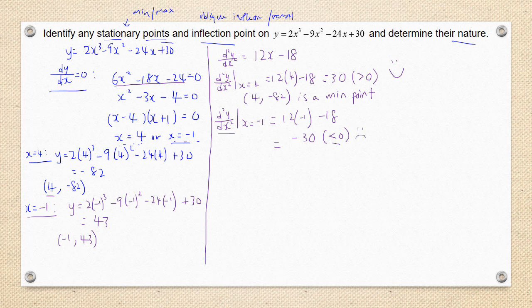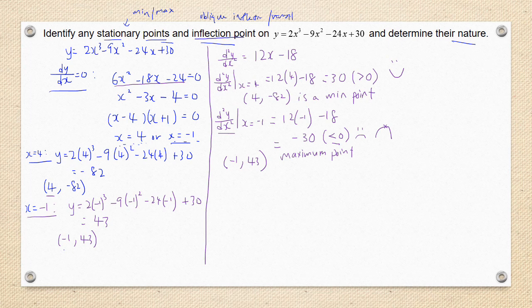I got less money, so I'm not happy. So you get a maximum point. So now I know this point, (-1, 43), is a maximum point. In the exam, don't draw this smiley face. So we have found a minimum point and a maximum point.